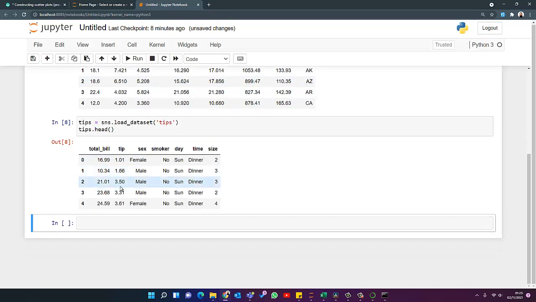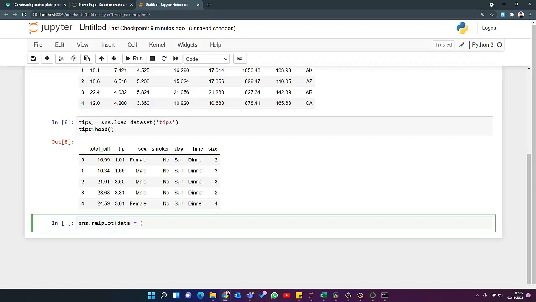Let's try to visualize a relational plot, where we can see whether there is any relation between the total bill and the tips. How we can do that is we will call Seaborn and plot a relational plot, a relplot. First we need to provide where the dataset is.